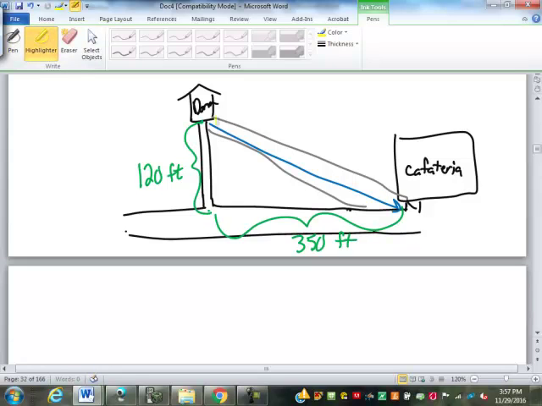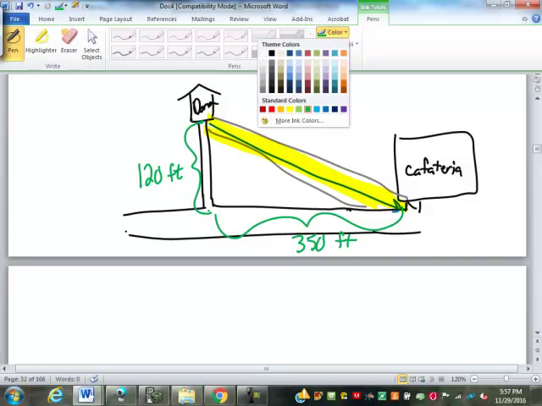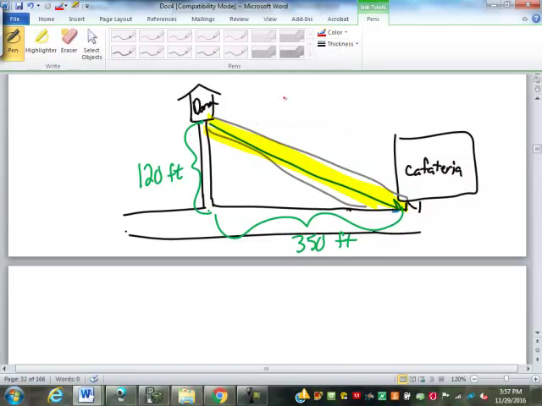Find for me the length that sidewalk's going to have to be. So in these problems, the first thing you have to do is figure out where the right angle is. In this one, where's the right angle going to be? Right here, right between the 120 and the 350.